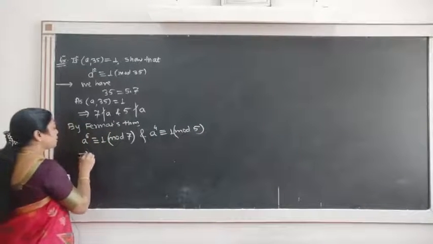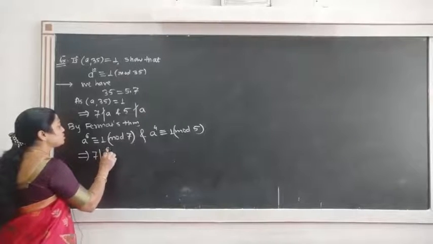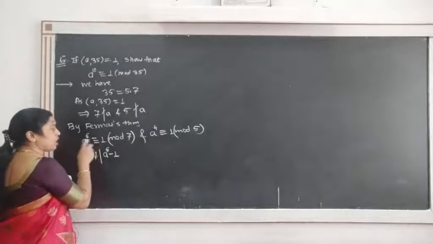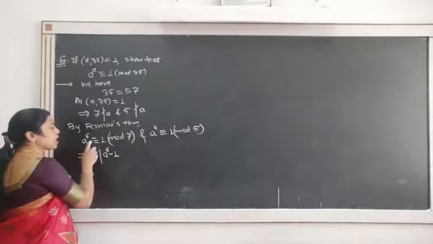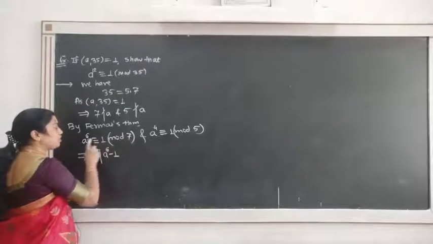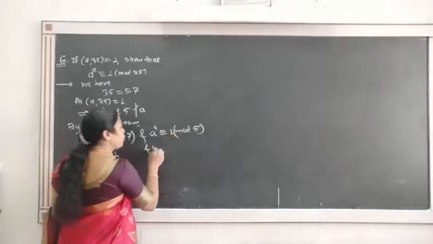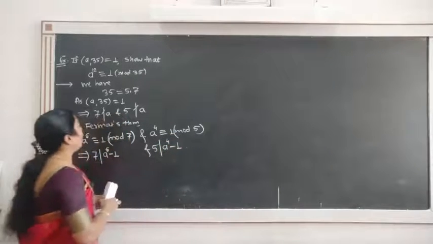So this implies that 7 divides A raised to 6 minus 1 using definition of congruence. A is congruent to B mod n if n divides A minus B. So 7 divides A raised to 6 minus 1, and here 5 divides A raised to 4 minus 1.